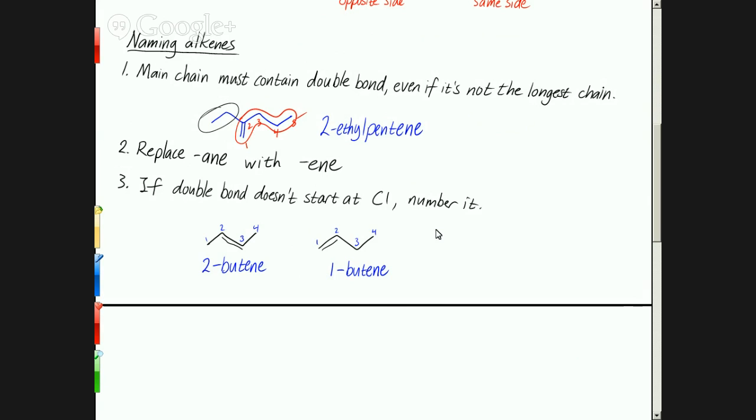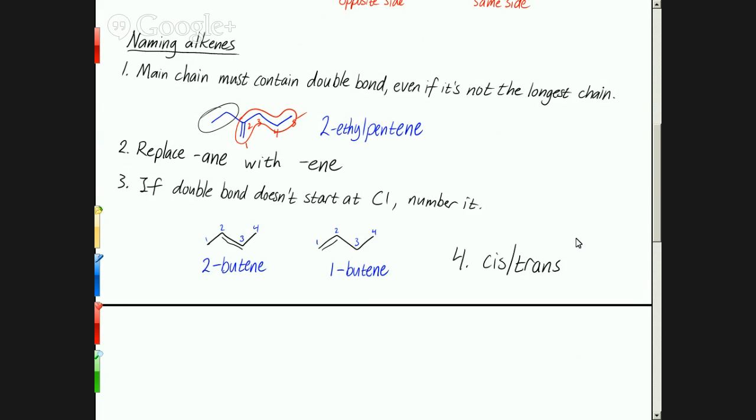Now, in the case where you can have the 2 sides, whether the hydrogens are on the same side or on opposite sides, we also have to signify in the name whether it's cis or trans. So our fourth rule is what we talked about earlier.